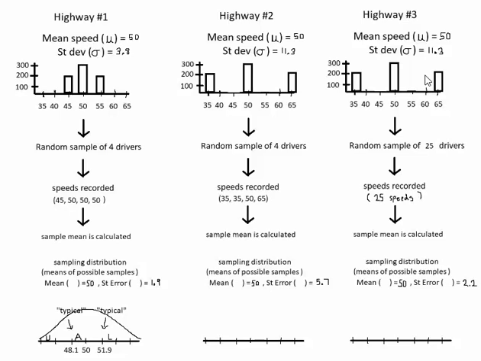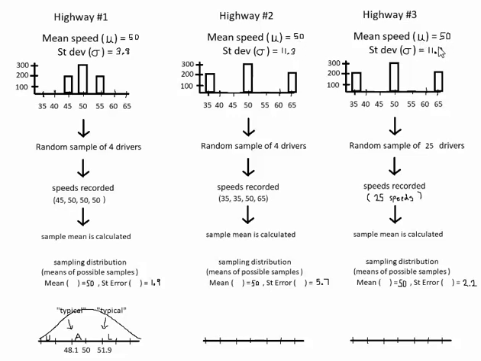I'm just doing this for the purpose of the activity, so the standard deviations will be the same. And this time just copy the mean and standard deviation from Highway 2, because they'll be the same two numbers, the same two answers.